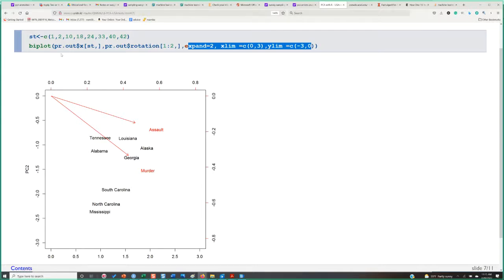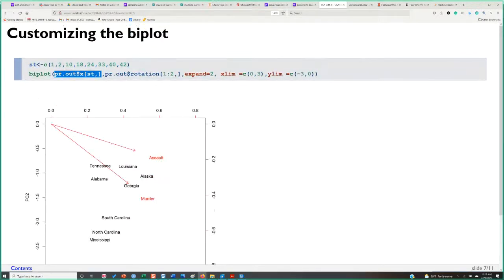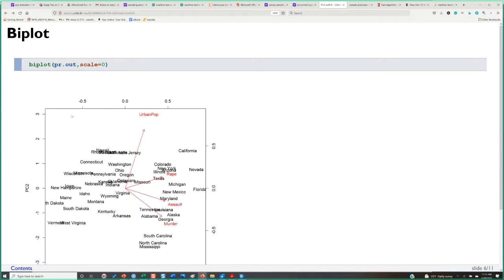So biplot is giving you the PR out, the x values. What are x values here? And it is taking only certain states. So x values refers to your data, I think. One second.